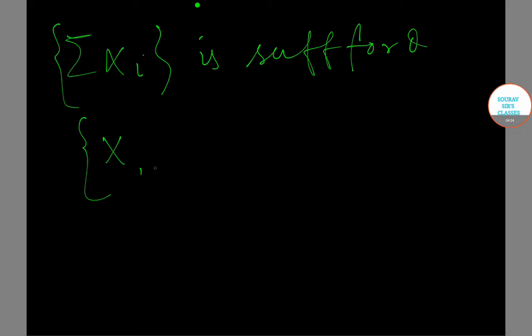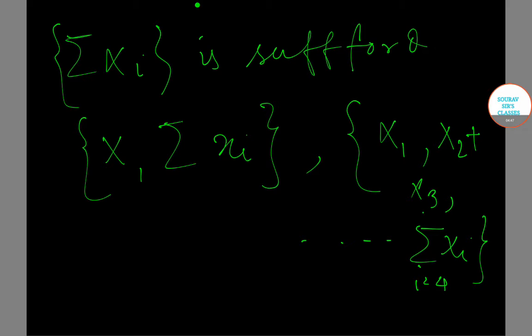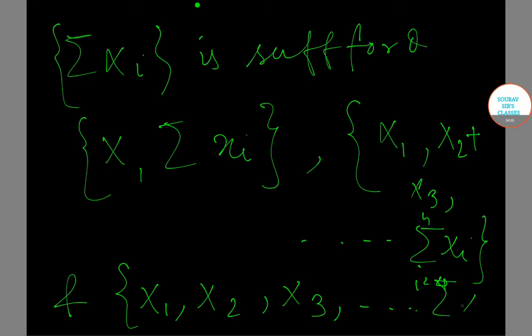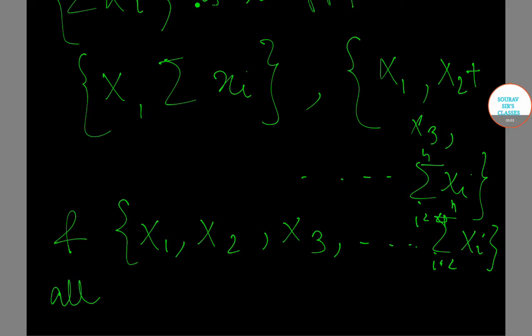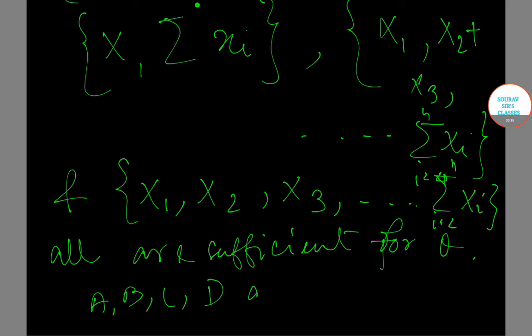Now, summation of xi is equal to x1 plus x2 plus x3 plus summation of xi for i equal to 4 to n, and x1, x2, x3, and summation of xi for i equal to 4 to n, all are sufficient for theta. So A, B, C, D all are correct.